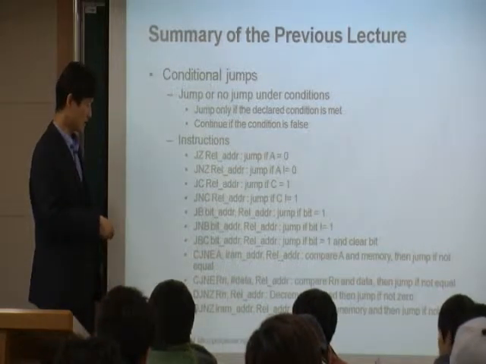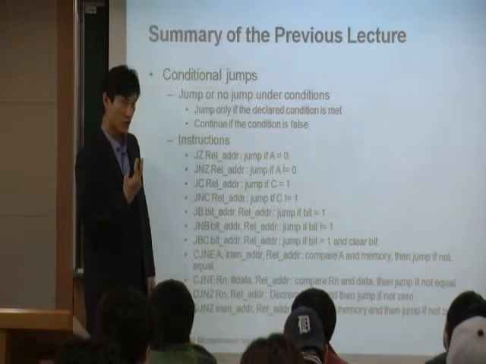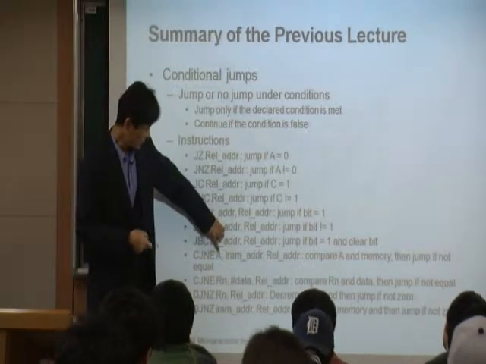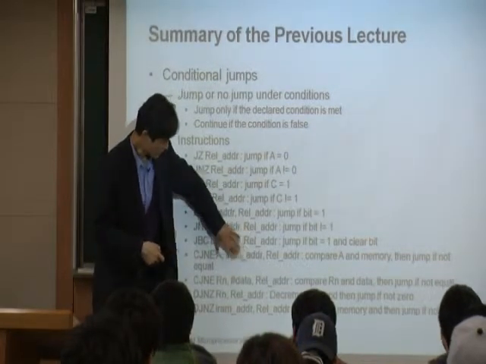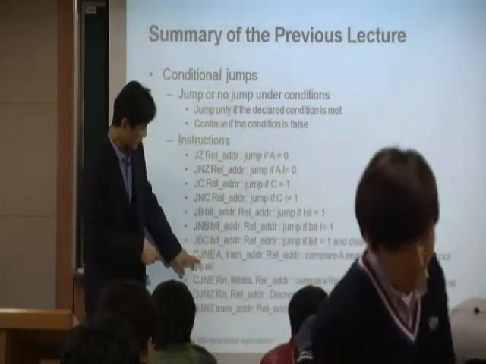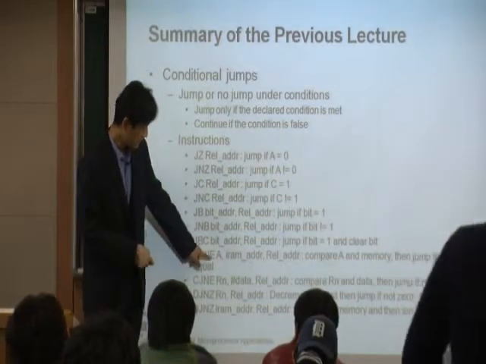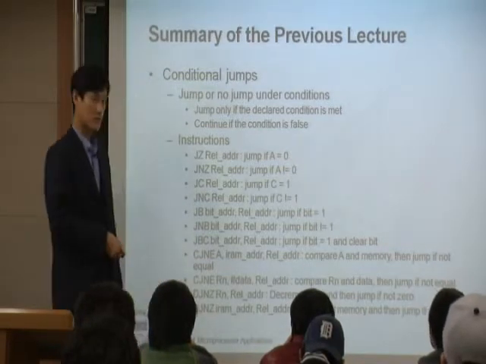That's JBC. Now CJNE, C means compare. So in order to compare, basically you need to have two different operands, A in this case, and the internal RAM address. So you're comparing these two, right? If you compare these two and they are not equal, then you jump. Where to jump? You jump to the relative address.